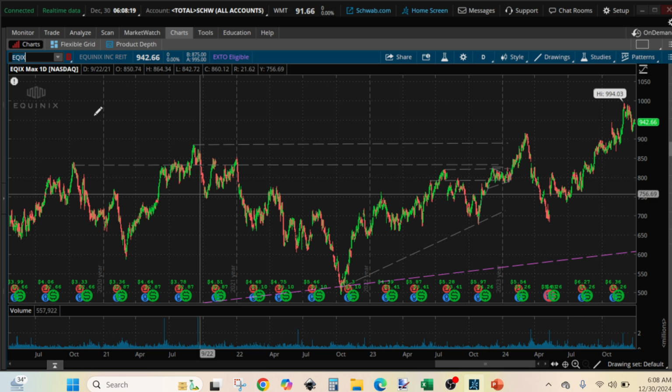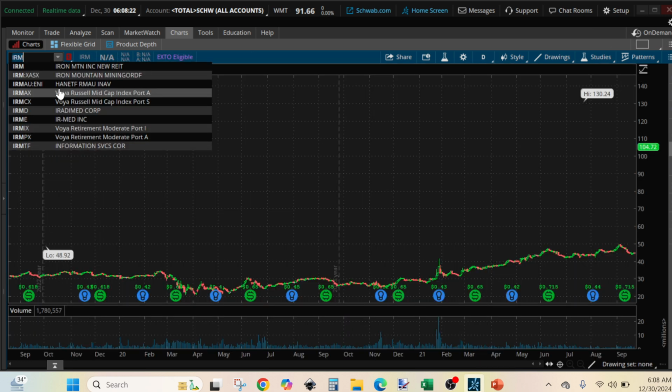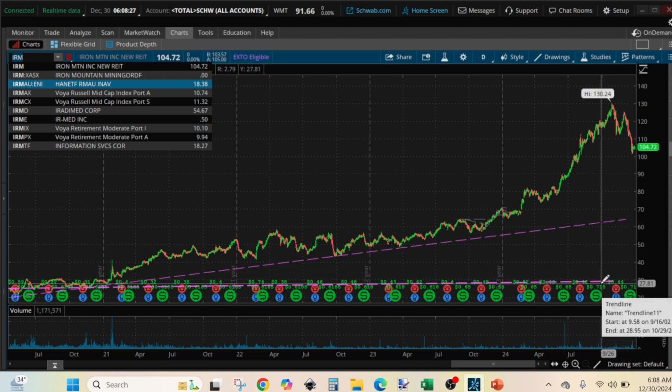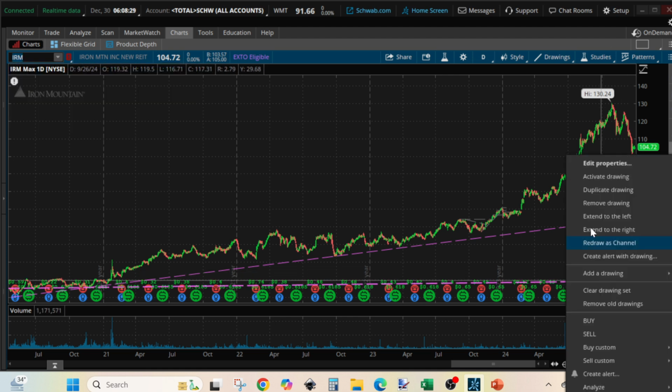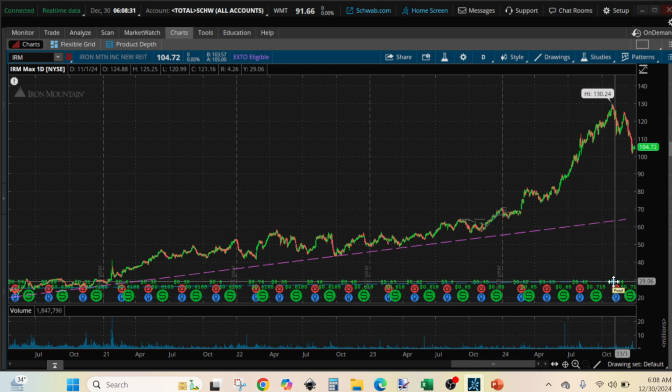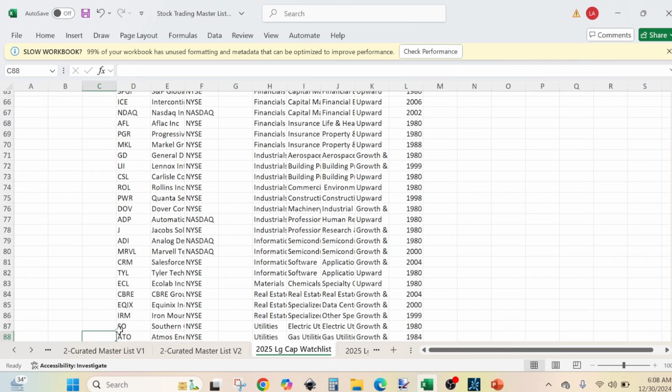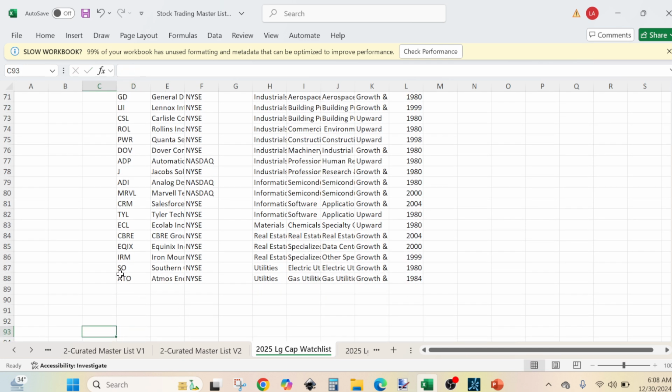IRM, not near the trend line we would like to enter. Let's see if I can extend this one. SO.